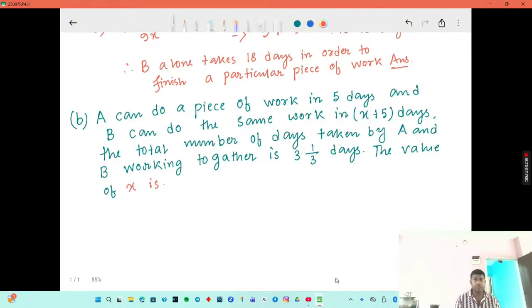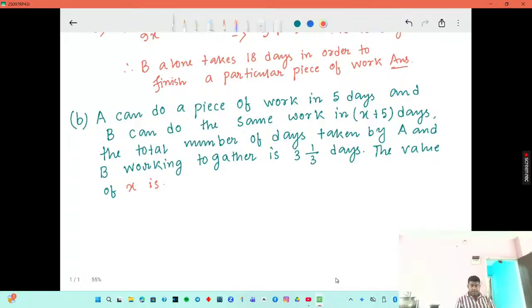So B is taking 5 days more to complete a particular piece of work. And here the total number of days taken by A and B working together is 3 1 by 3 days. The value of x is.